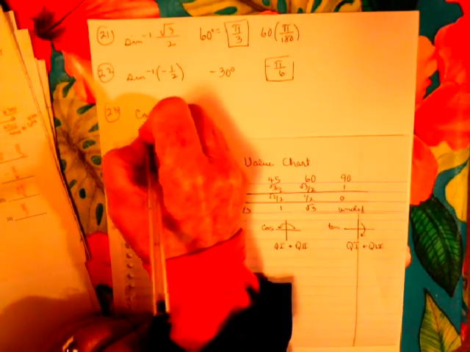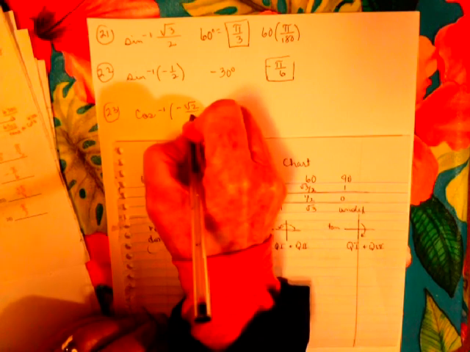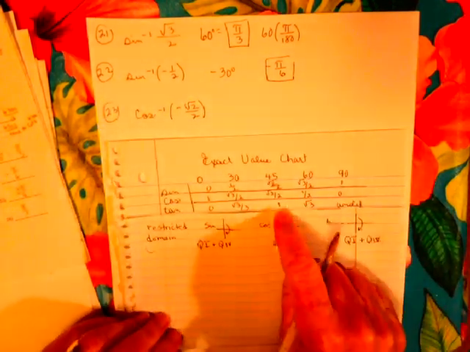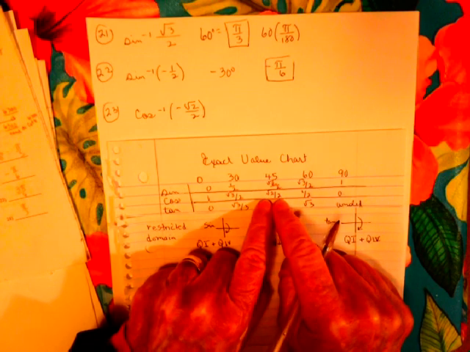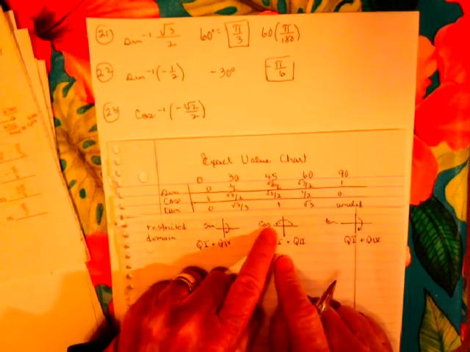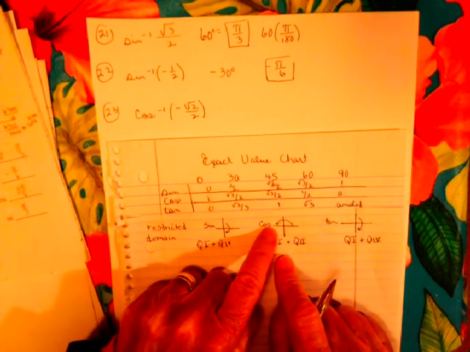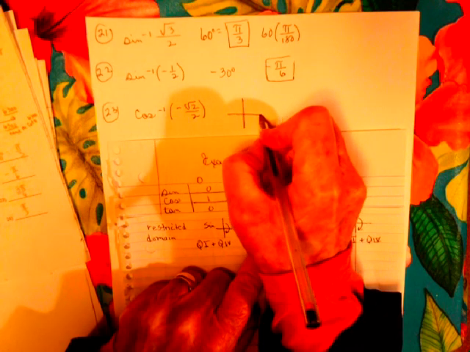23. Cosine inverse of negative square root of 2 over 2. We know that 45-degree angle has cosine of square root of 2 over 2. We know cosine is negative in the second quadrant. So here we are in the second quadrant.